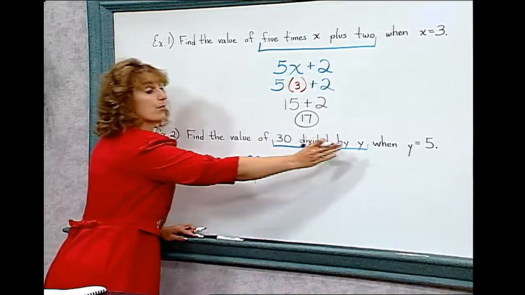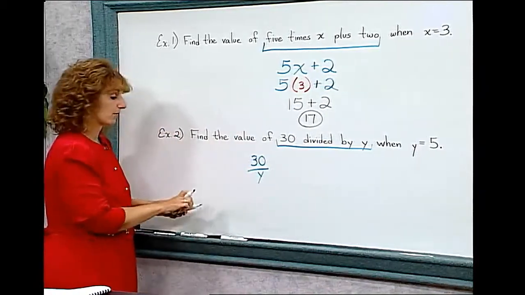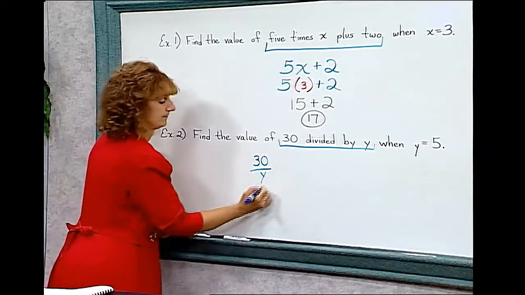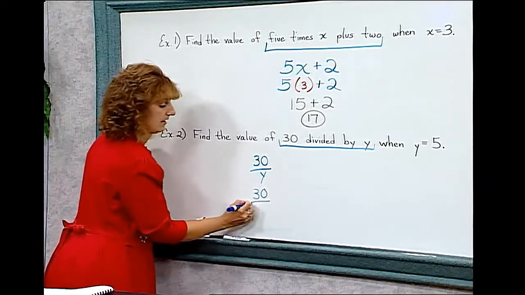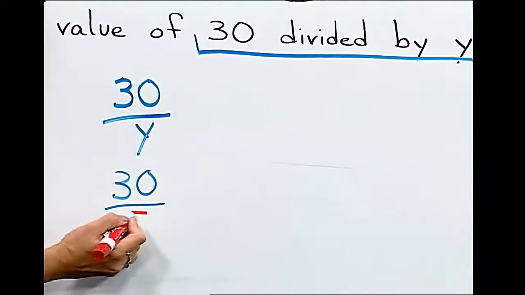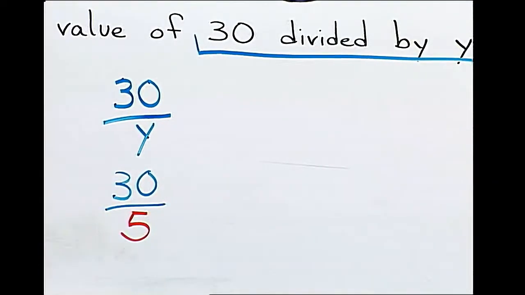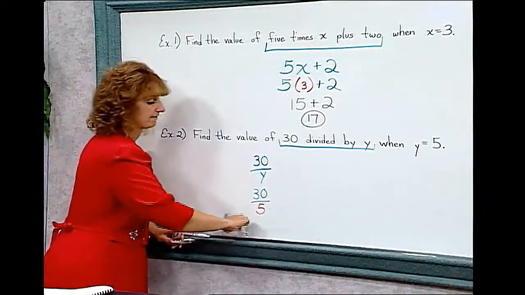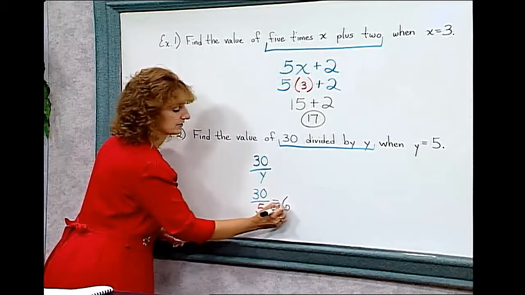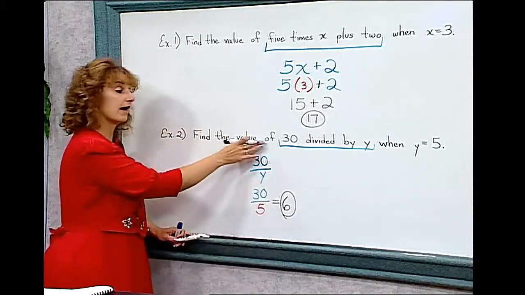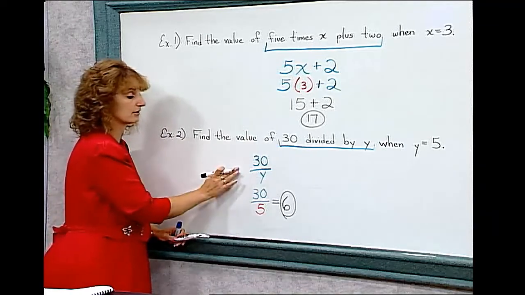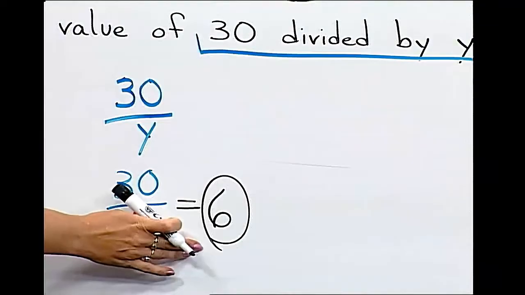Now we know that y equals 5. So I'm going to take out the y and put in a 5. I'm substituting. 30 divided by 5 equals 6. So the value of this expression when y equals 5 equals 6.